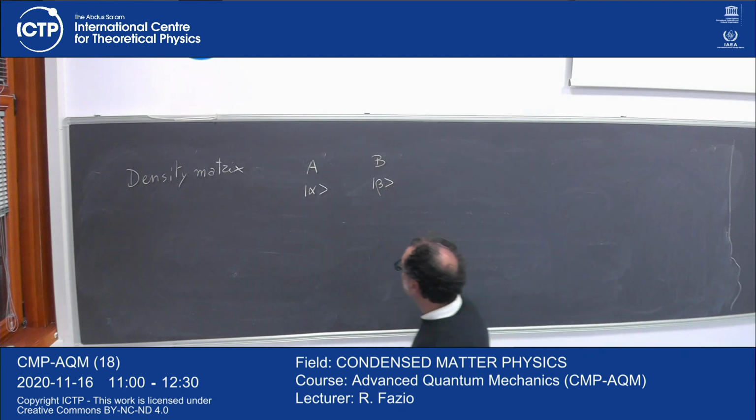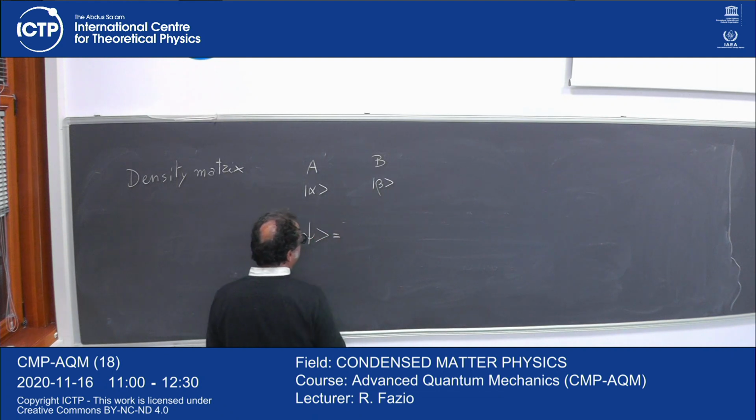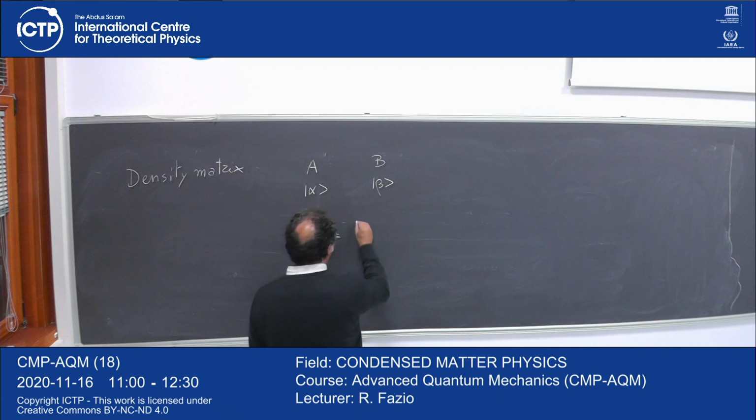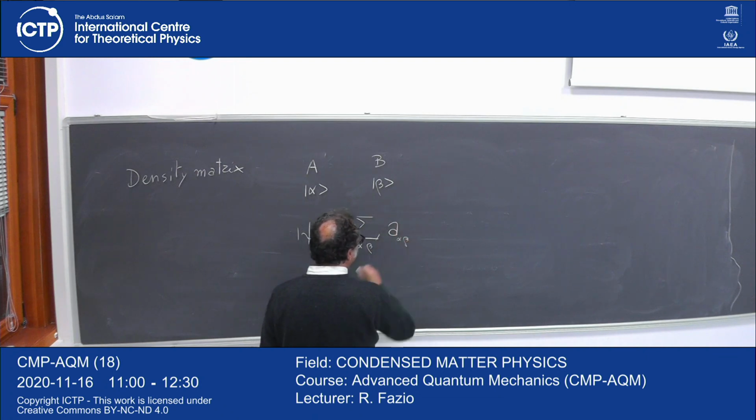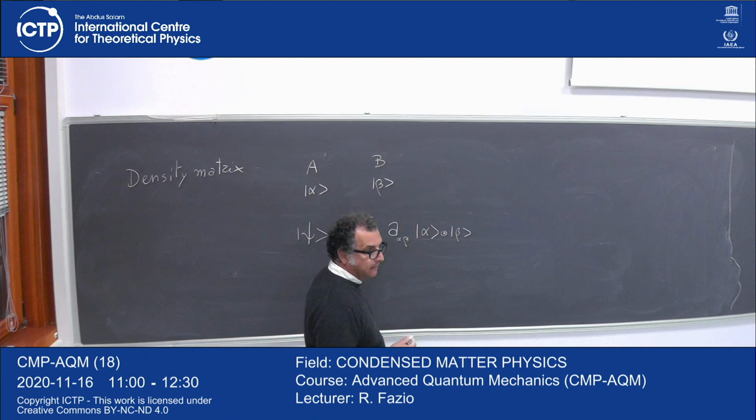Now, the most generic state you can write down in this case is the sum over alpha and beta of coefficients A alpha beta, and then you have alpha tensor product beta, right? Okay or not?